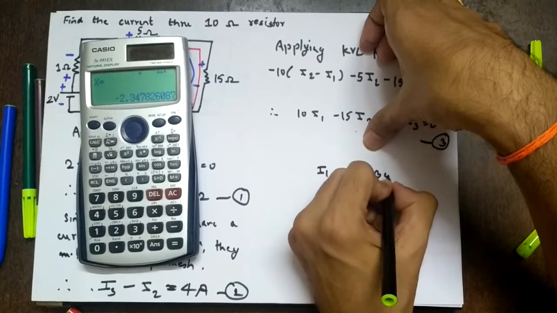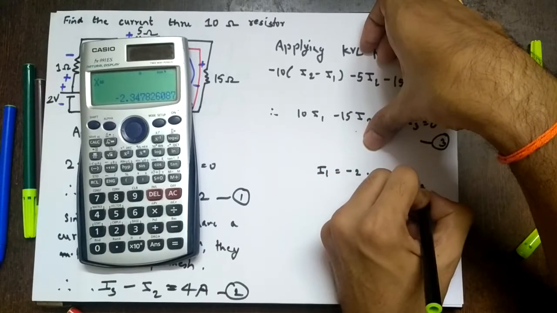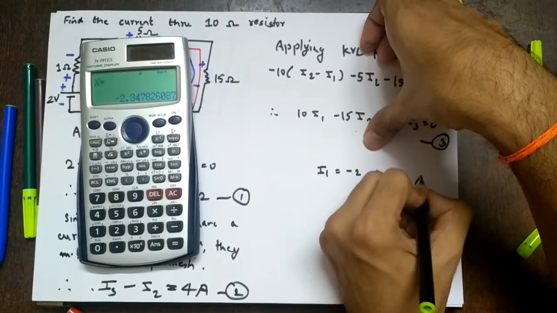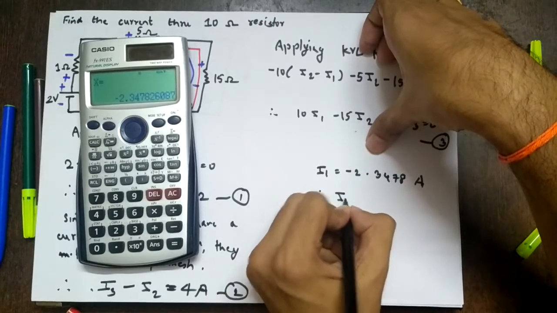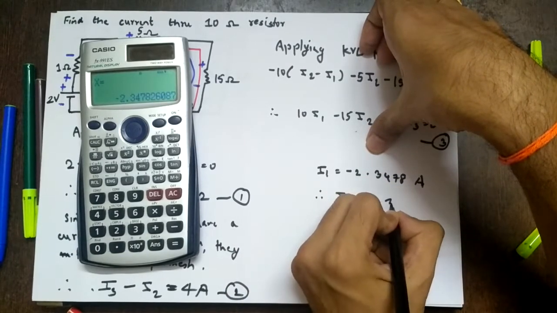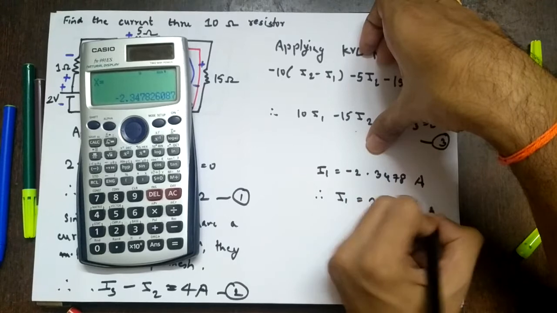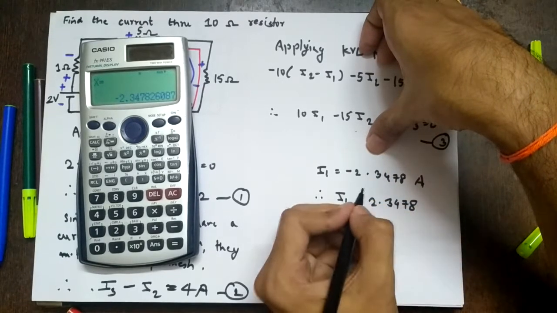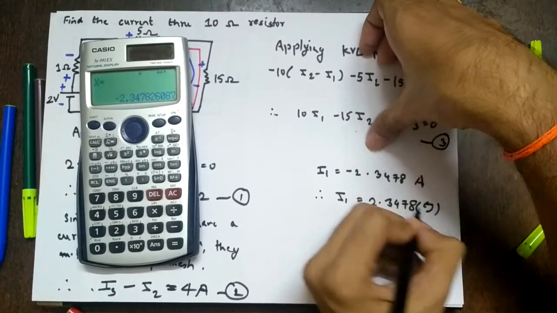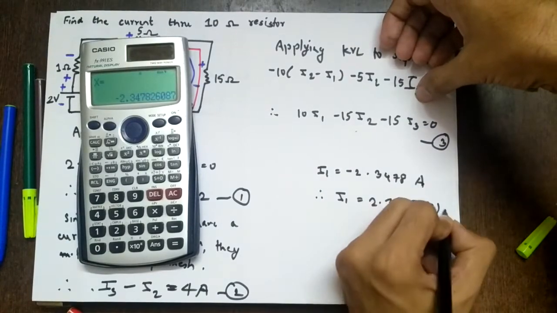So we'll get I1 equal to minus 2.3478 amperes. Since it is negative, we can write it as positive 2.3478, and it will be in which direction? Anti-clockwise, because negative means it is clockwise amperes.